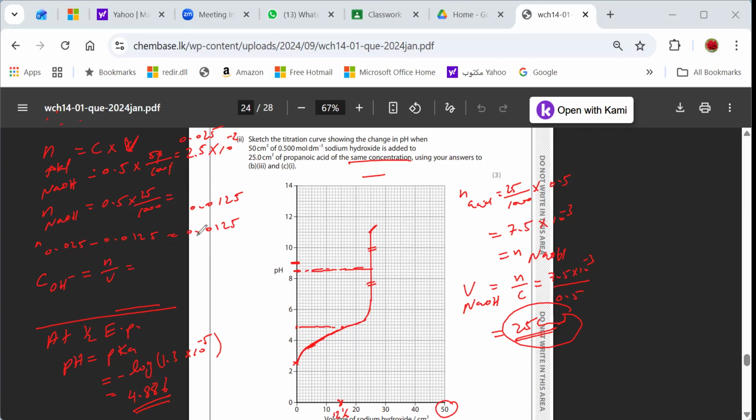So the new concentration of the hydroxide after the equivalence point will be 0.0125 divided by the total volume, which is 75 over 1,000. Can you please do this calculation? Give it to me in decimals.